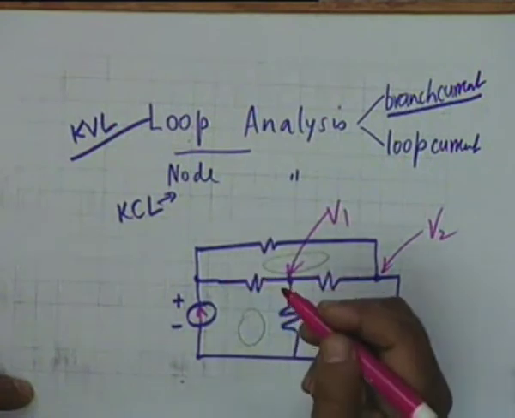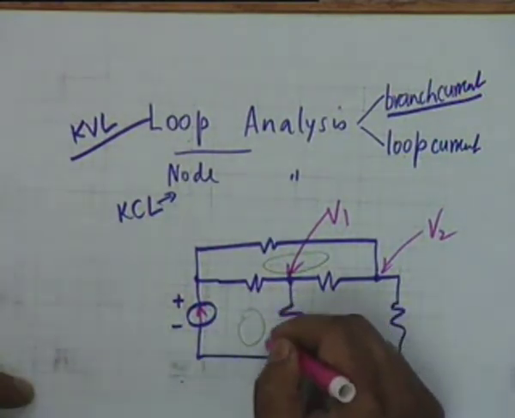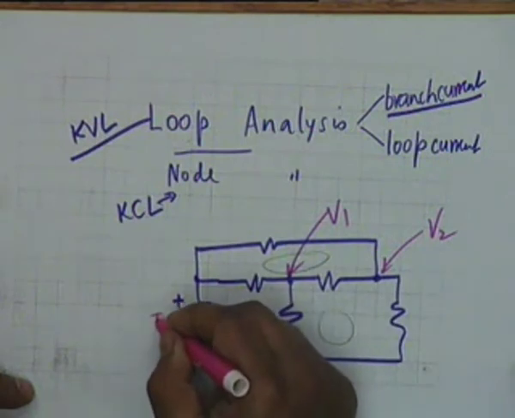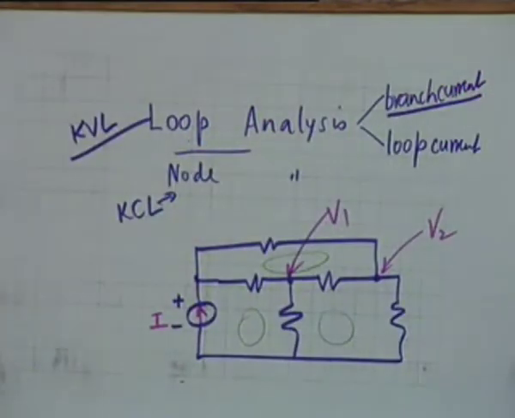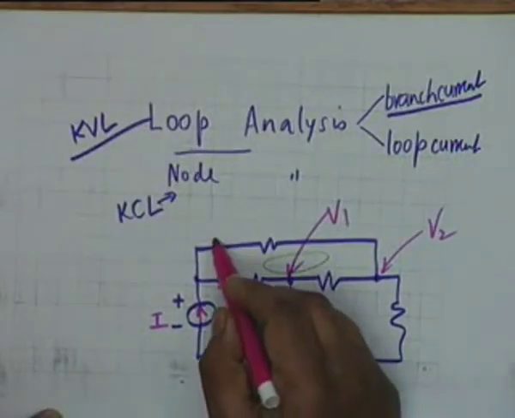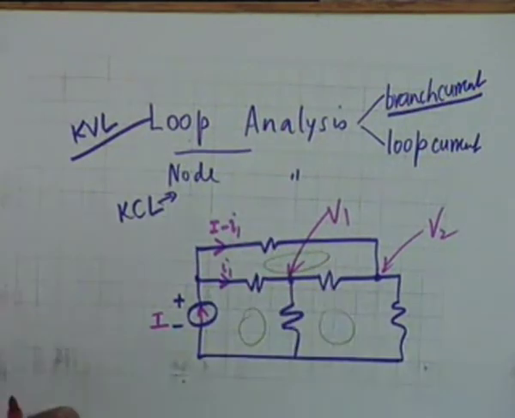So all that you know is now you cannot formulate this loop equation, and therefore what you do is, if this is a current source, now we are going to a different situation. If this is a current source I, then you formulate 2 branch currents, let us say I1, and this shall therefore be I minus I1.